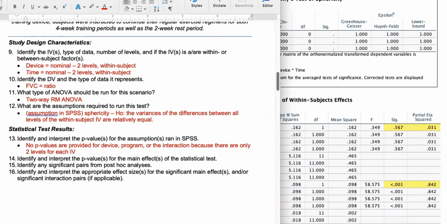That'll work. So if you get something like this on your exam, you would just say no p-value because there's 2 levels, and then you want to put what your decision is. So we've said if we only have 2 levels, we'll assume sphericity.